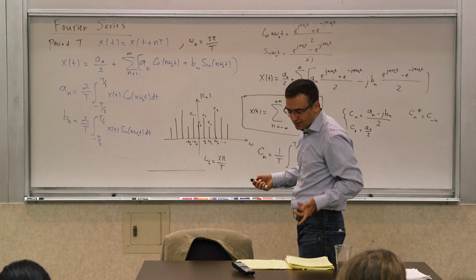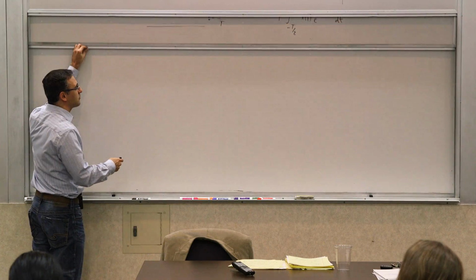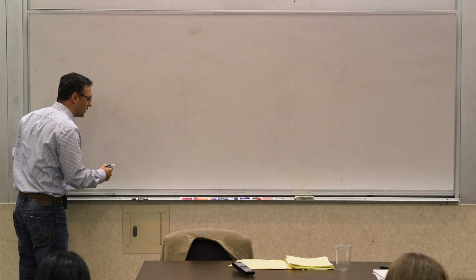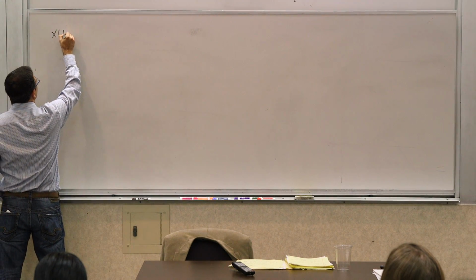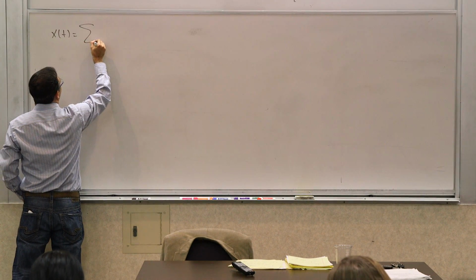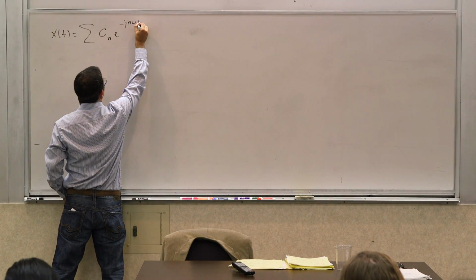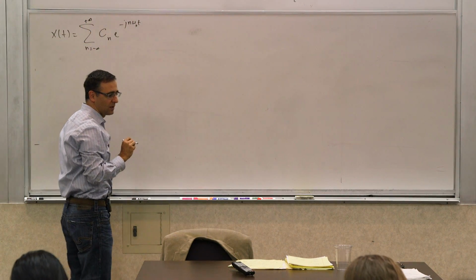You can make it actually more quantitative, right? There are different ways to make it quantitative, which give you different interpretations. So we'll start with one. x of t, we determined earlier, could be written as the sum of Cn e to the negative j n omega naught t, for n equals negative infinity to positive infinity. Right?